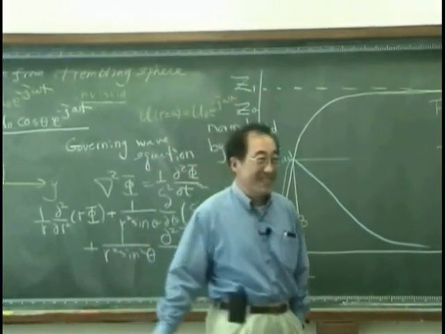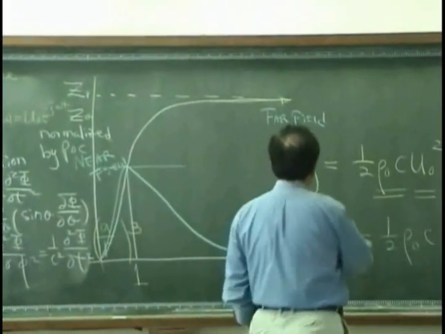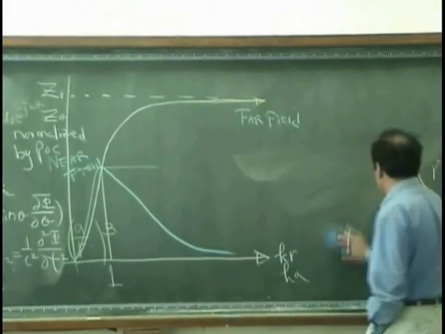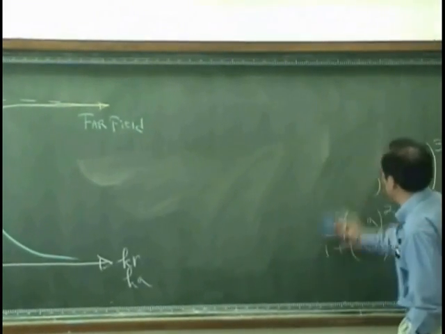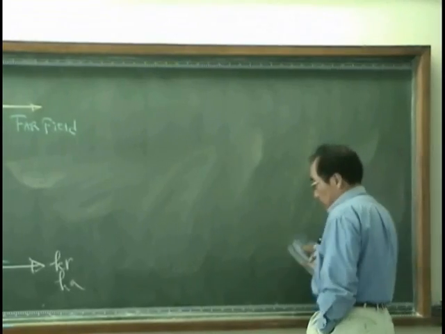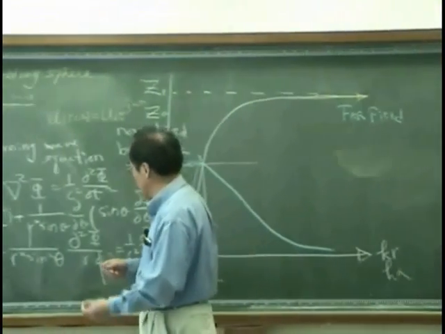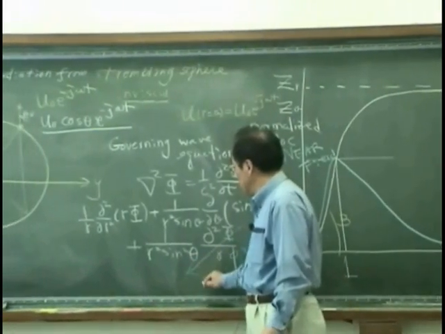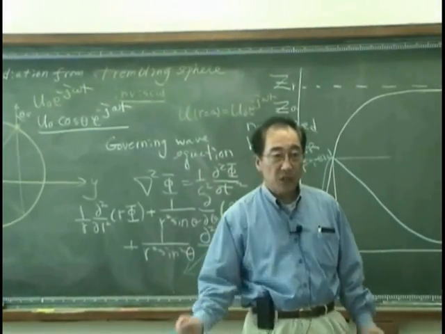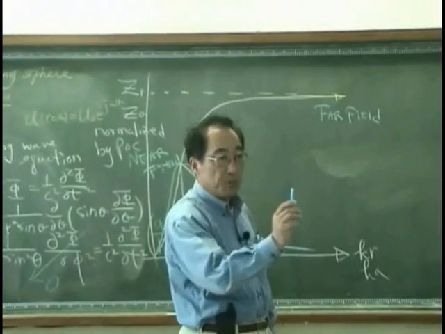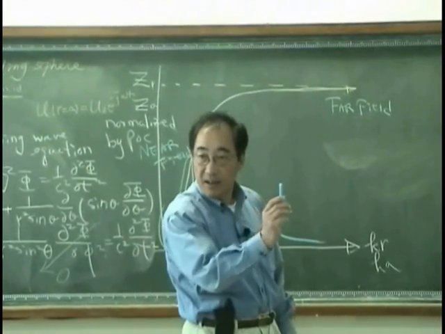The solution. What would the solution look like? Before we start to find the solution, we can argue that this term would be 0 because it is symmetric with respect to phi, right?